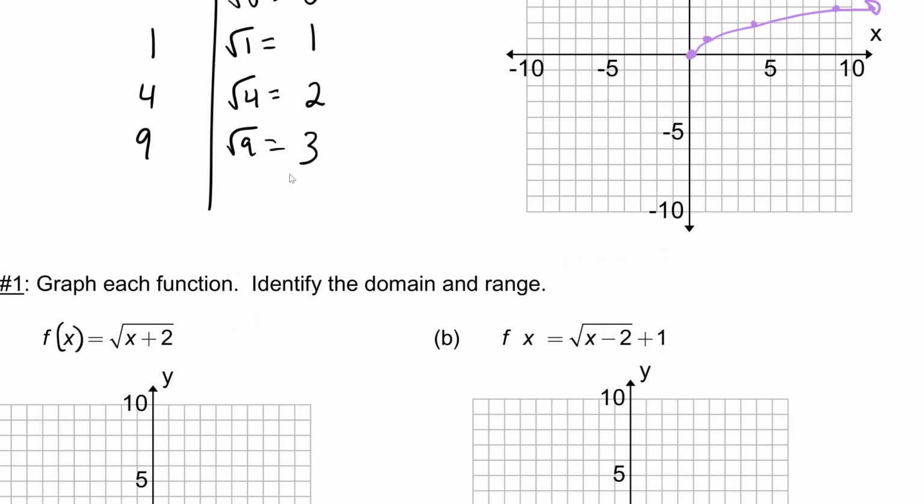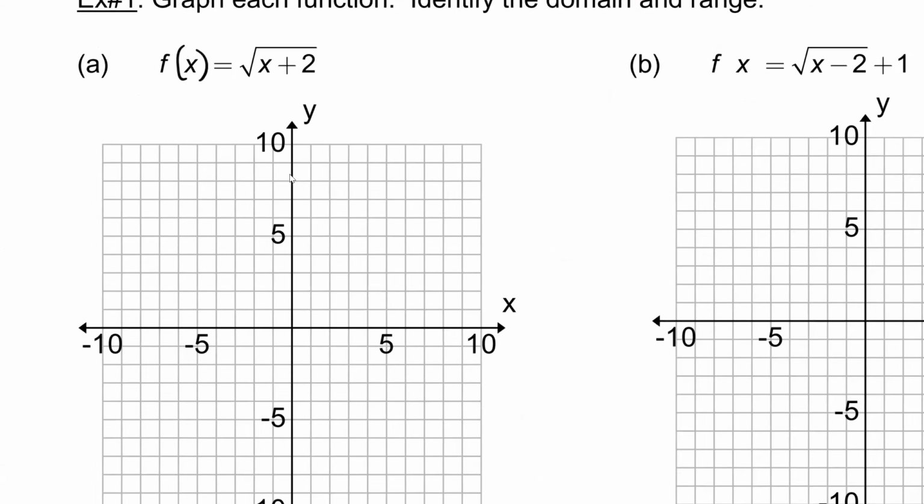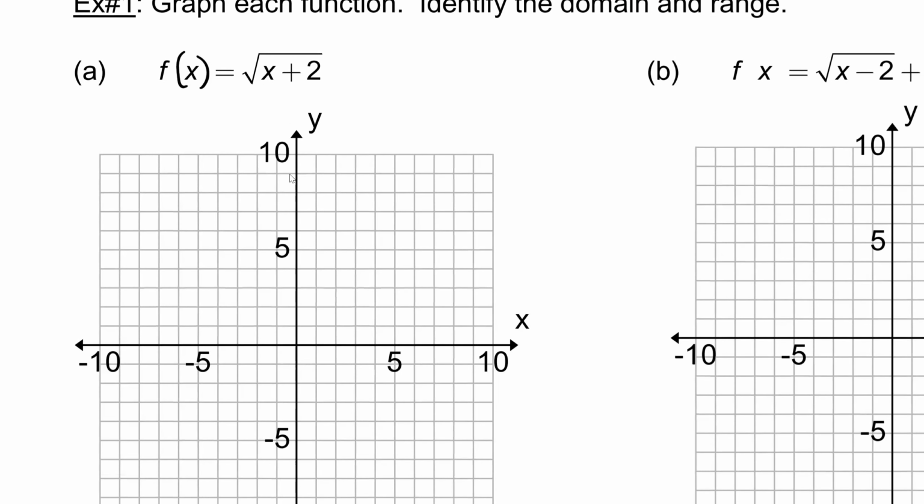Now, question with example 1a, how is this graph transformed? From just the parent function, don't say it out loud, don't point yet, think in your head. How is square root of x plus 2 different than just square root of x? What's happening? On the count of 3, use your fingers to show me which direction. 1, 2, 3. Shifts to the left.